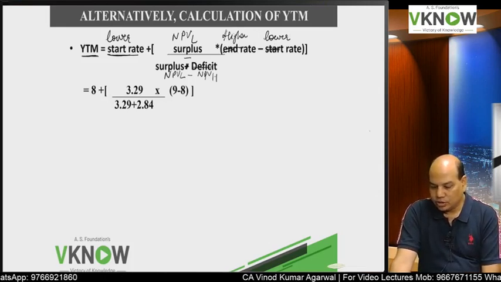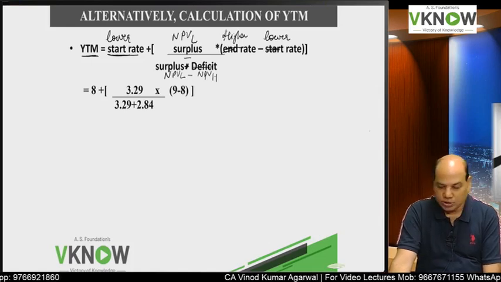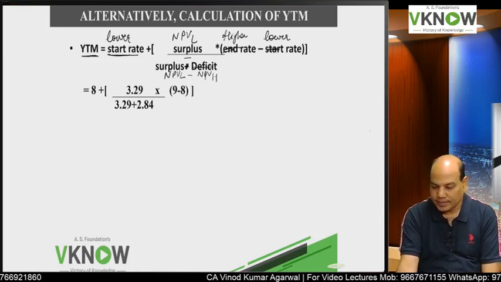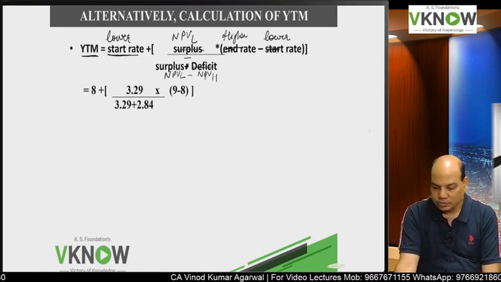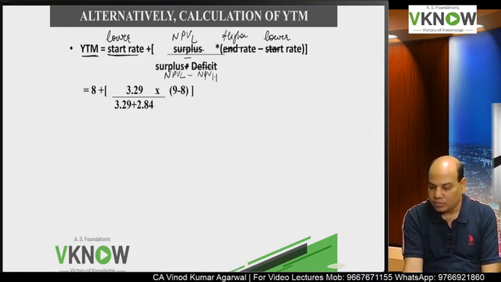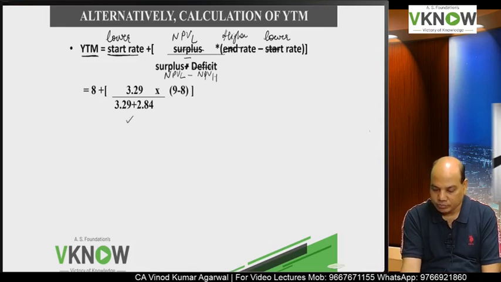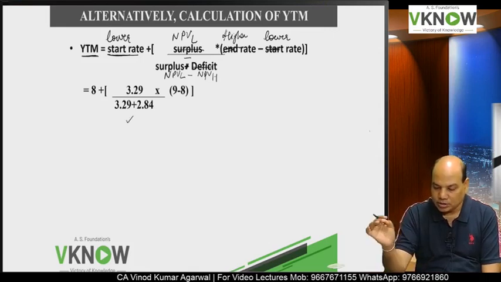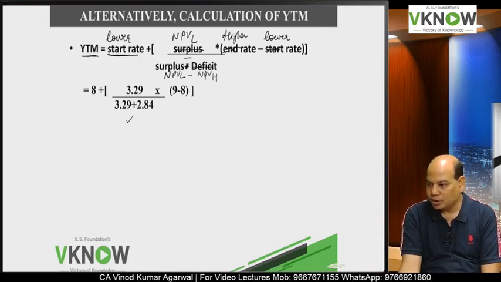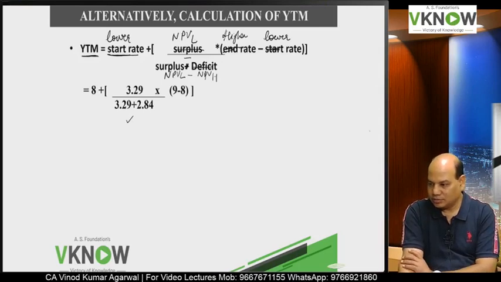Put the values now. 8 plus, in bracket, 3.29 upon 3.29 minus minus 2.84, minus minus will become plus, into 9 minus 8. At least now you should answer what is the IRR.